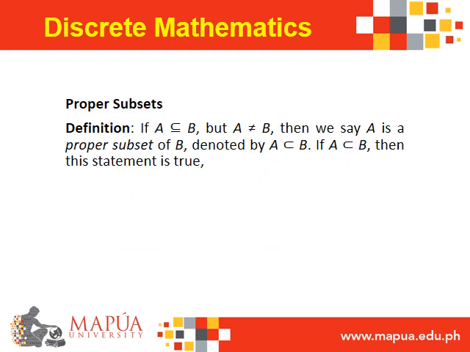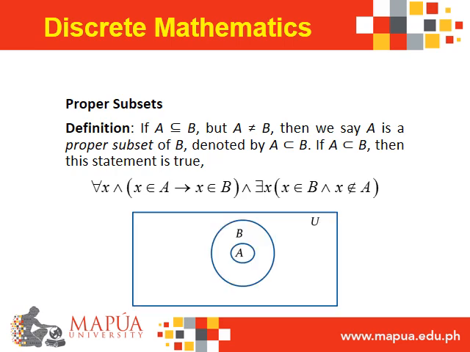Proper subsets. By definition, if A is a subset of B, however, A does not contain the same elements as B, therefore it is denoted as a proper subset, whereby this corresponding definition is now true.